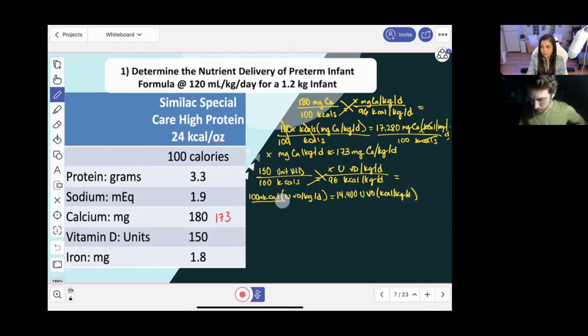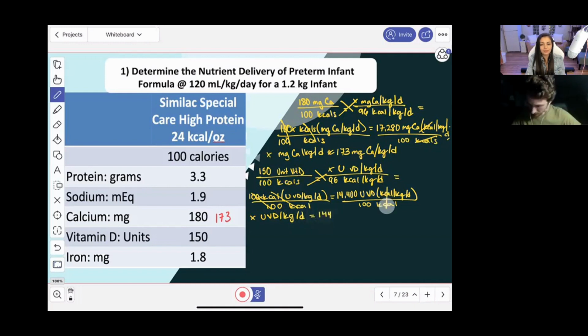Okay, so we're going to again solve for X. Now with this, we see that the 100 and the calories cancel. So we're left with X units of vitamin D per kilogram per day on this side, equals 144, calories are going to cancel, units of vitamin D per kilogram per day on this side as well.